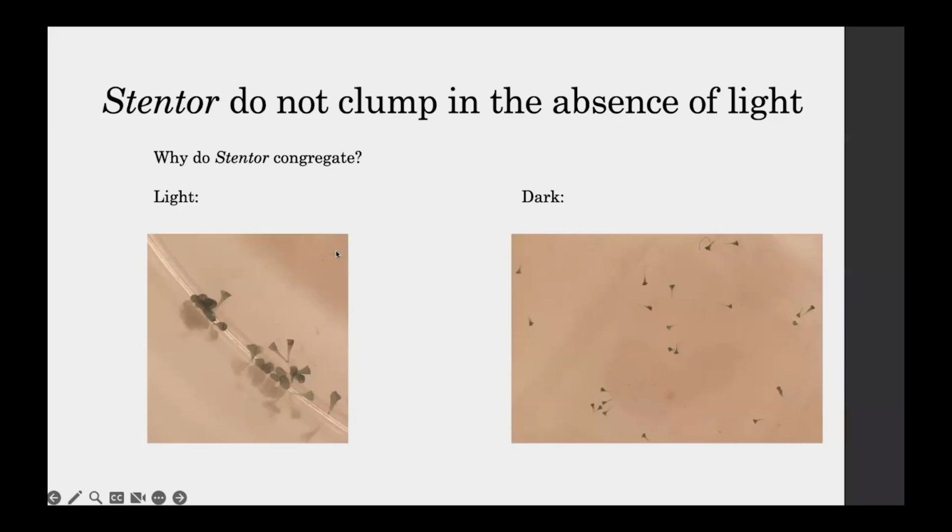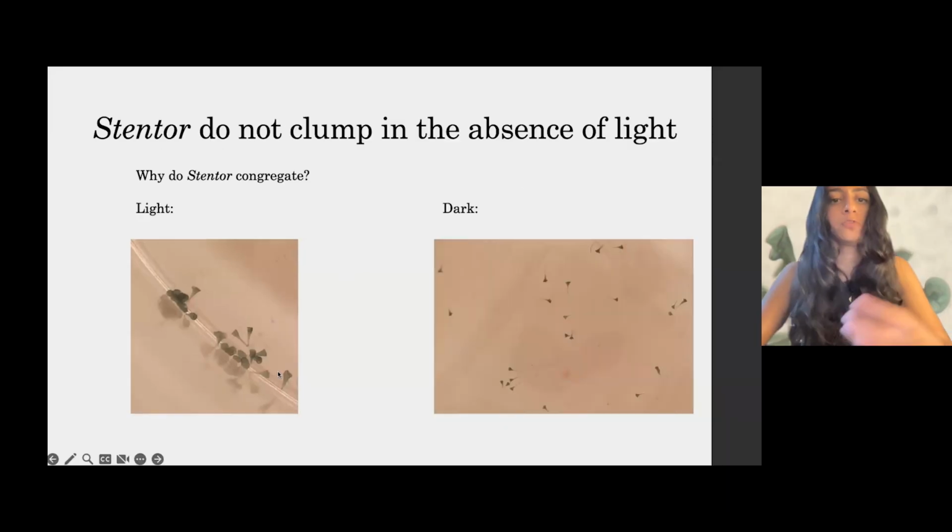So basically the experiment was to leave a dish with stentor in it exposed to light and compare it to a dish of cells completely in dark conditions. And it turns out that the cells in the light conditions are much more likely to show these rosette formations, because it appears that the stentor are congregating in the darkest part of the Petri dish, and they're basically all trying to get away from the light as much as possible. So it induces some kind of social formation.